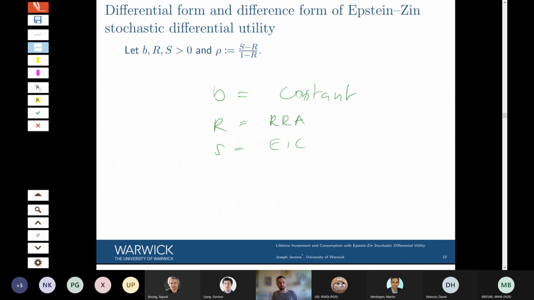And then we're just going to define rho to be equal to S minus R over 1 minus R. If you think back to the time additive discounted expected utility case, I said before that R is going to be equal to S, right? So in this case, rho is just going to be equal to 0 because the numerator is just going to disappear.